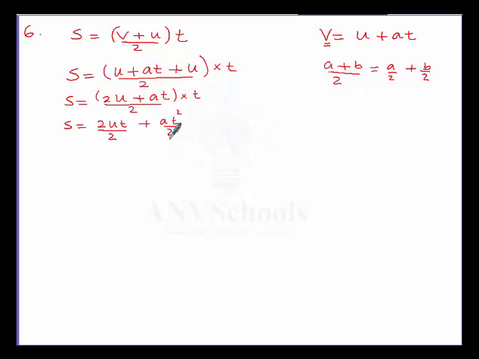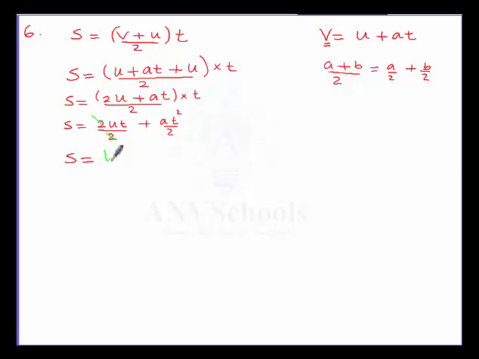I just distribute t throughout the expressions inside and divide both sides by 2, and I'm just splitting these two denominators. Here I will have the total distance traveled, and I can simplify by cancelling out these two by these two.